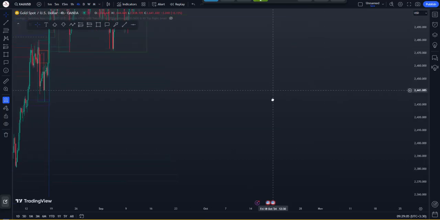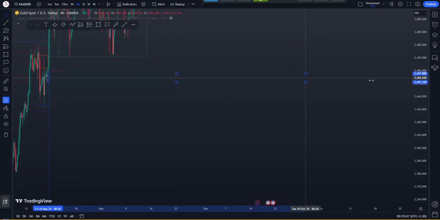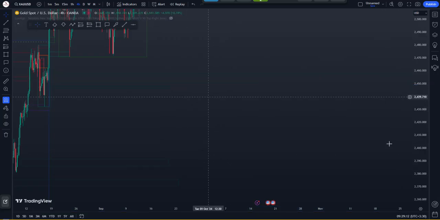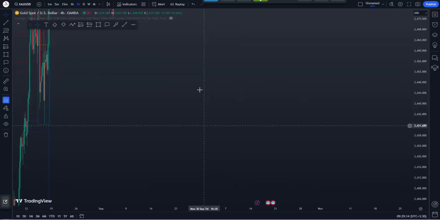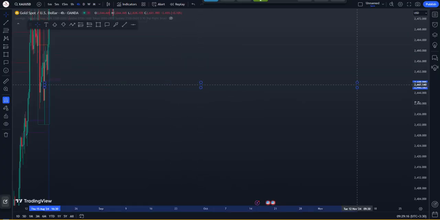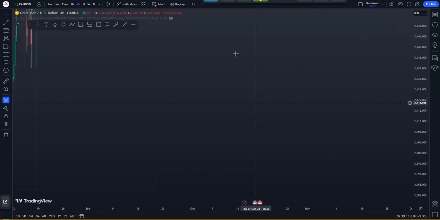So I put forward my dimensions here. First, update my chart view actually.